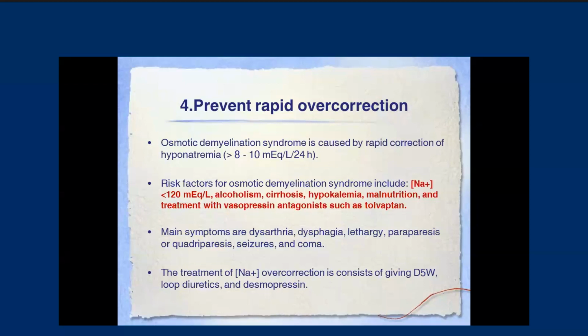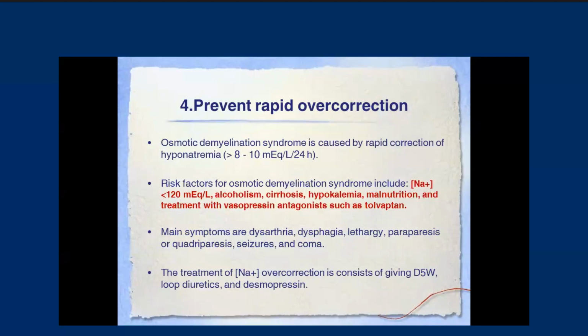So the other factors like malnutrition, liver disease, and alcoholism are also risks. Alcoholic patients and malnourished patients are prone to overcorrection of sodium, and we need to be cautious while correcting sodium in this group of patients.